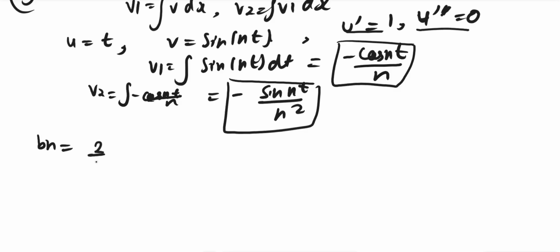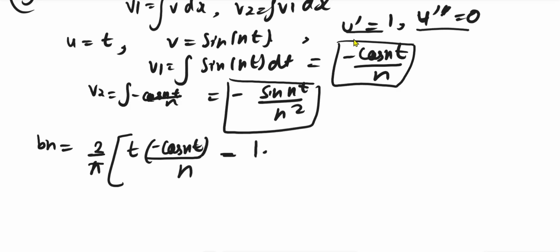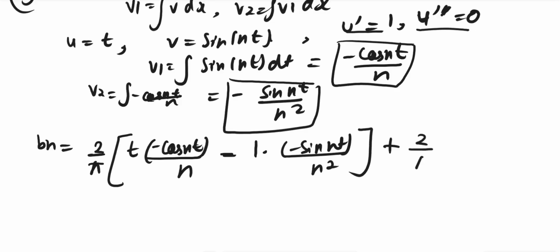It is 2 upon pi in bracket, take the expansion: u multiplied by v1, u is t multiplied by minus cos nt divided by n, minus 1 multiplied by, u dash is 1 and v2 is minus sin nt divided by n square. Let us separate this from the second integral, so 2 by pi goes into the multiplication.